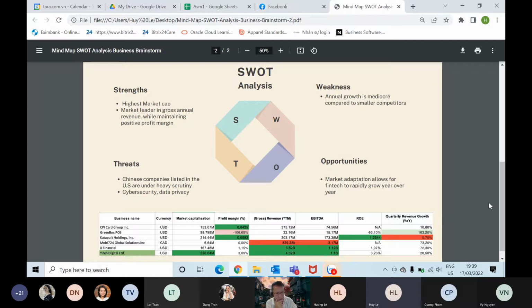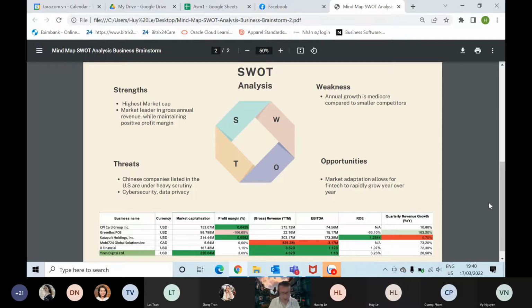The threats to fintech are cybersecurity and the safety of people's financial assets in applications, and more specifically for Chinese companies, since this is a U.S.-listed company. Chinese companies listed in the United States have been under heavy scrutiny ever since the 2019 trade war and the scandals where many Chinese companies reported false or inflated numbers.